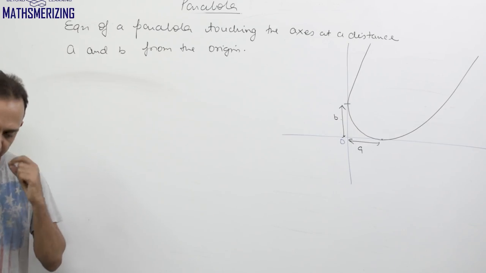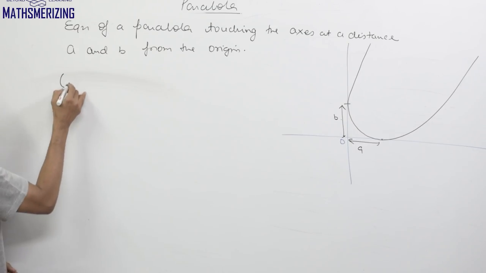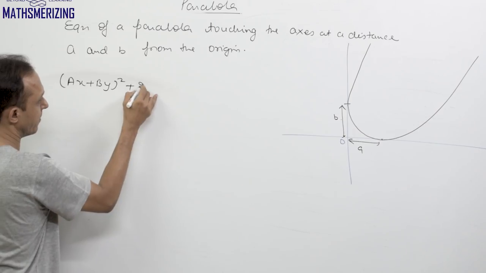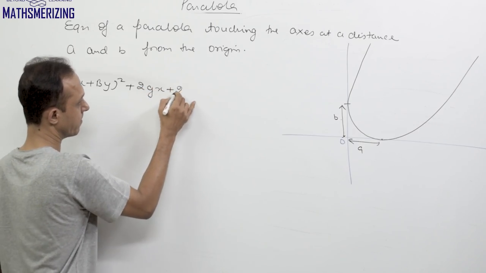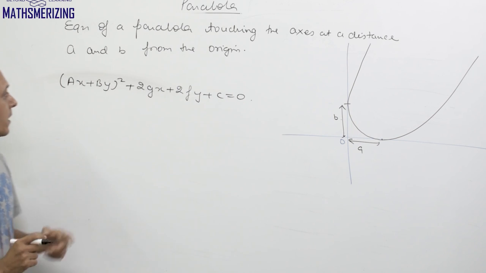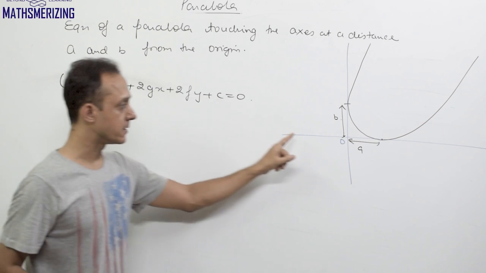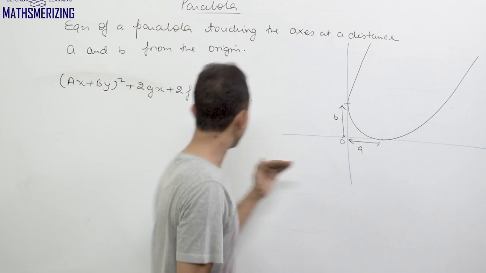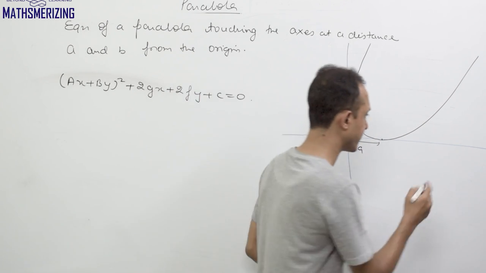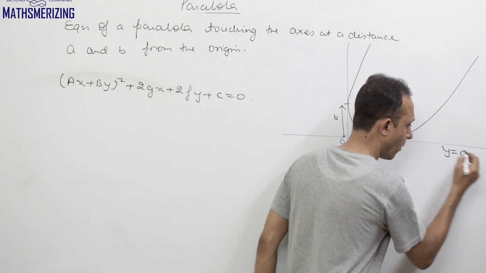Now we know that any general equation of a parabola, we can write it as (ax plus by) whole square plus 2gx plus 2fy plus c equals to 0. Now this parabola touches the x-axis. Now we need to find the condition of tangency of this parabola with the x-axis, and the x-axis is simply y equals 0.